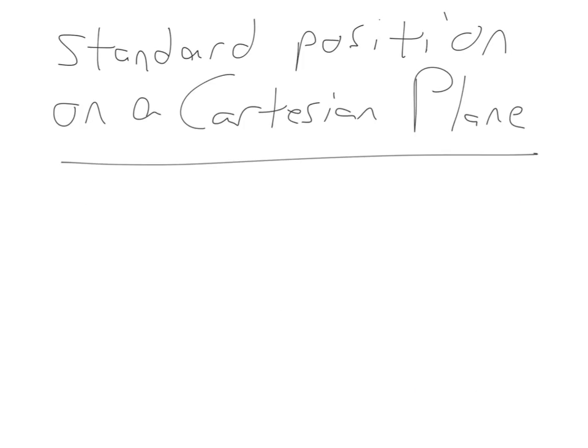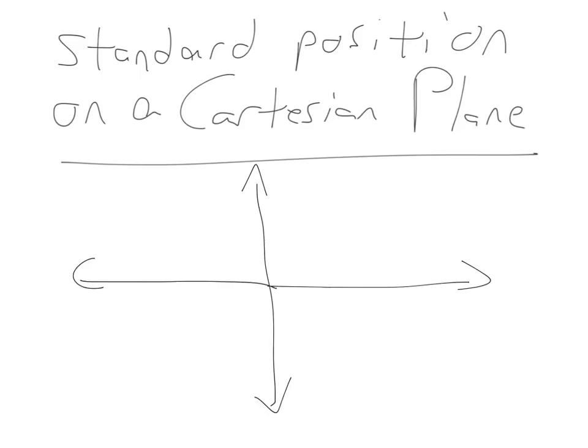Now, standard position on a Cartesian plane for an angle. If you have the coordinate plane, standard position begins with the initial side along the x-axis. The vertex is at the origin, and wherever the terminal side is, it measures from the initial side to the terminal side in a counterclockwise manner.